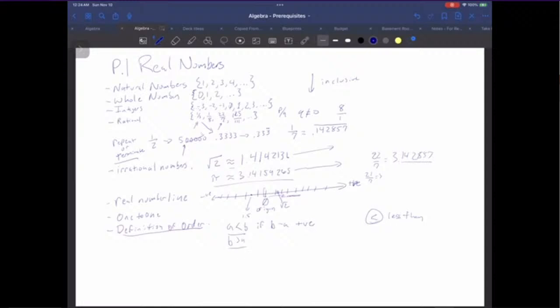The inequality A is less than or equal to B, which we'll put off to the side here, less than or equal to, means that A is less than or equal to B, and the inequality, this guy, means that B is greater than or equal to A. The symbols less than, greater than, less than or equal to, and greater than or equal to are called inequality symbols. That's an arrow.